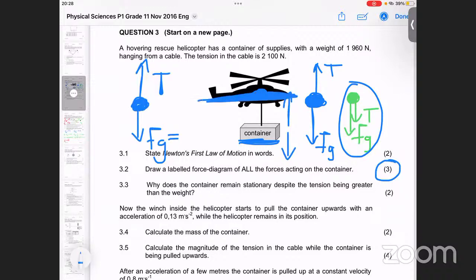And the weight, we were just told that the weight of the container is 1,960 Newton. And then this one in the upward direction is 2,100 Newton. So possibly there is another force that is pushing downwards.